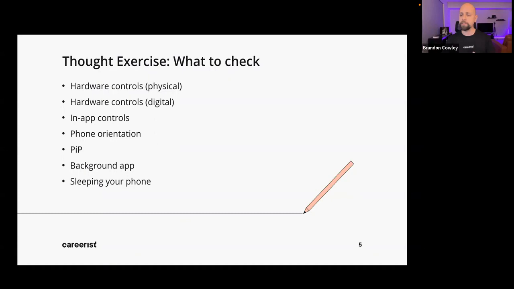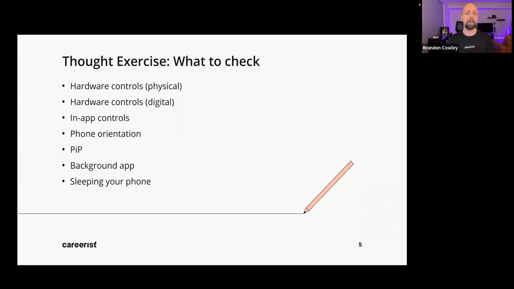I don't think anybody called this out actually, but a digital hardware control would include cellular connectivity and Wi-Fi connectivity. So within the app, if you're playing content and you're connected to Wi-Fi, what happens if I turn off the Wi-Fi and I switch over to cellular data? Does it handle that switch over gracefully?